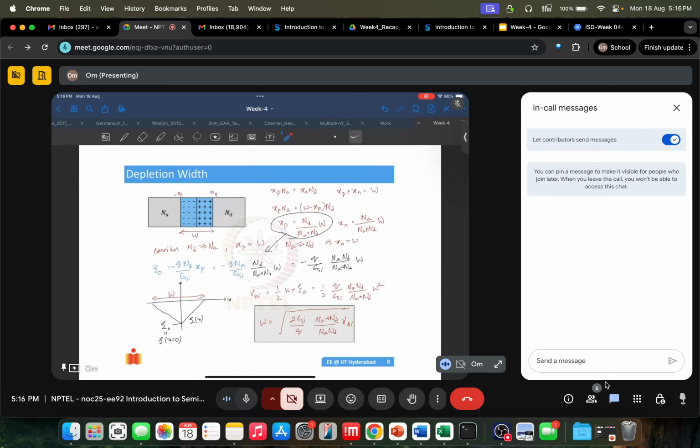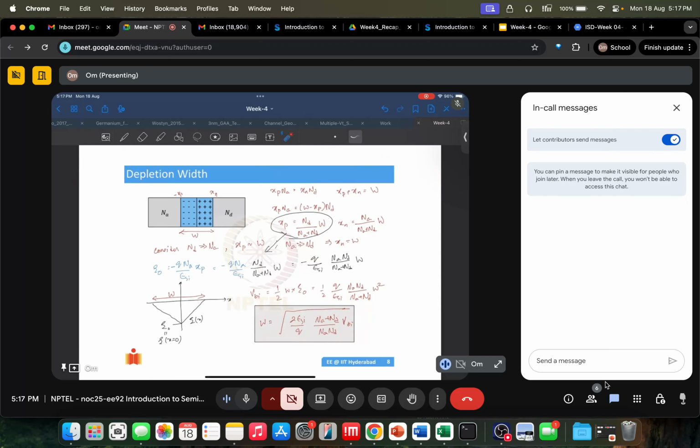The depletion width we can also find like this. We know NaXp is NdXn, and W is Xp plus Xn. Substituting Xp and Xn here in the electric field equation and in VBI, we finally get W equals the square root of 2 epsilon by q, times Na plus Nd, into VBI upon Na.